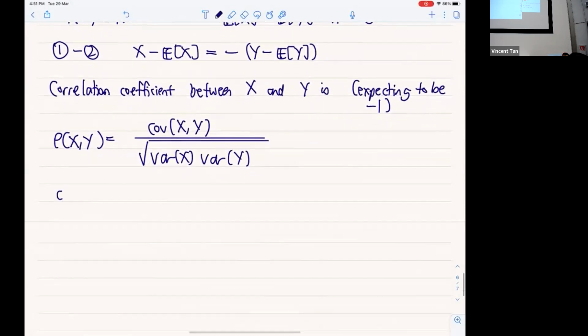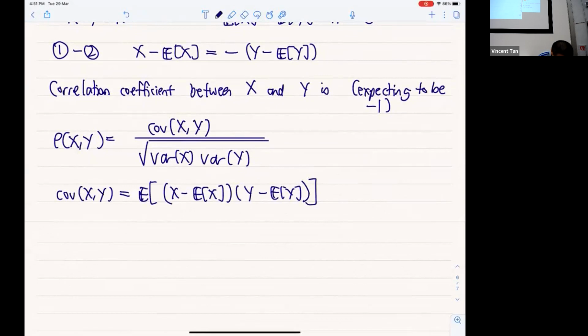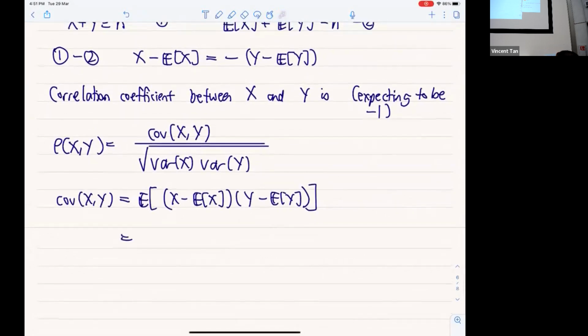Now let's compute the numerator first, covariance of xy. That is nothing but the expectation value of (x minus expectation value of x)(y minus expectation value of y). Now you notice that this guy is minus of this guy here. So y minus expectation value of y is minus (x minus expectation value of x).